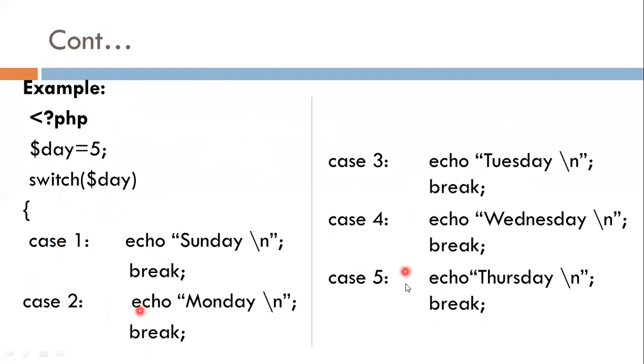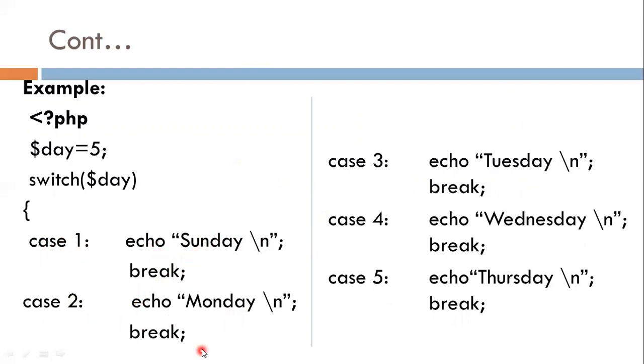Each and every case statement has one integer value: 1, 2, 3, 4, 5, 6, 7. And in each case, I write one echo statement with the weekday name, and a break statement. In case 1, echo Sunday, break.